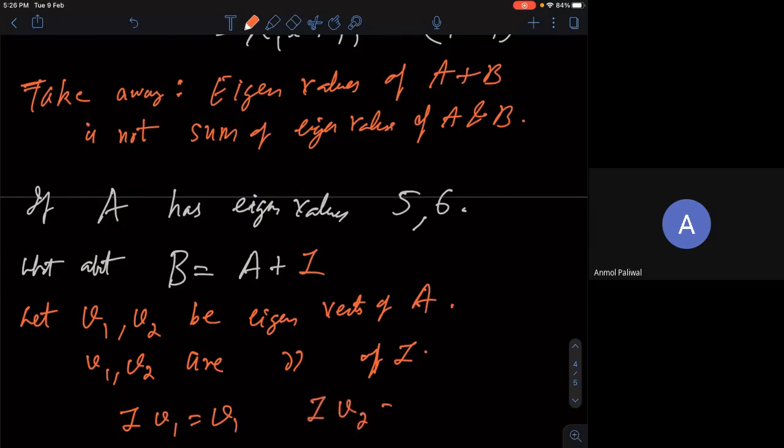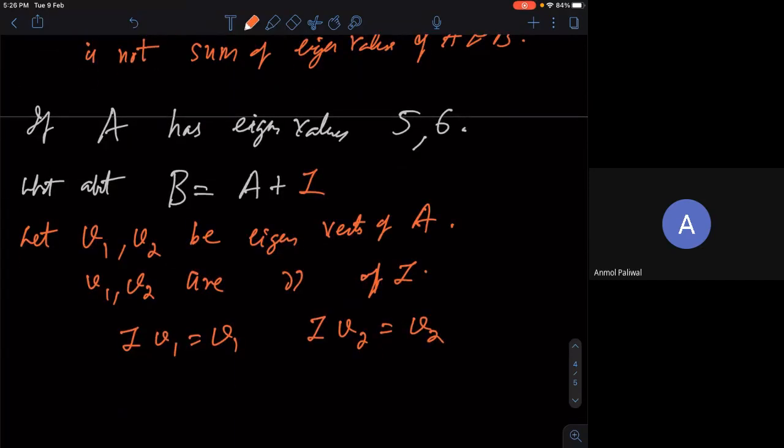Similarly, I times V2 is V2. Its eigenvalue is also 1. So both V1 and V2 are eigenvectors of the identity matrix. This is true for any V1 and V2. Any vector is an eigenvector for the identity.